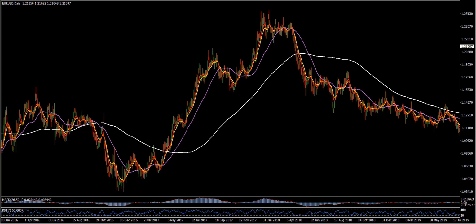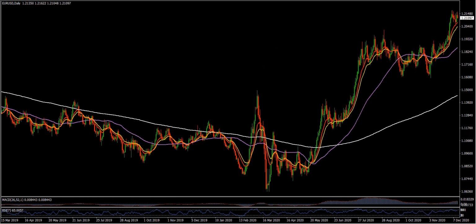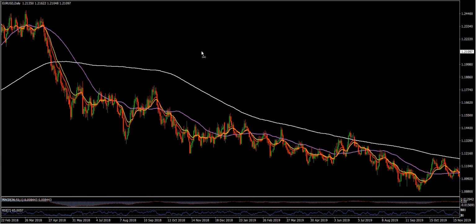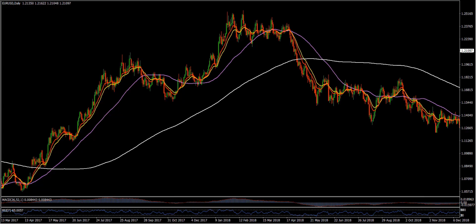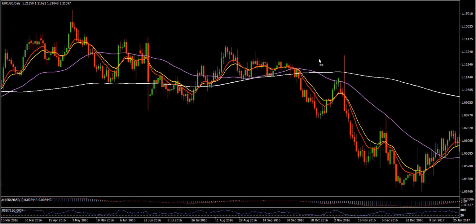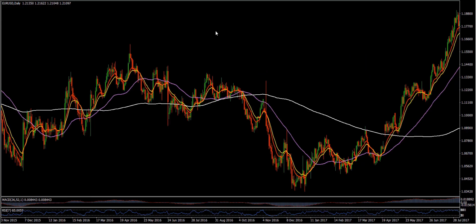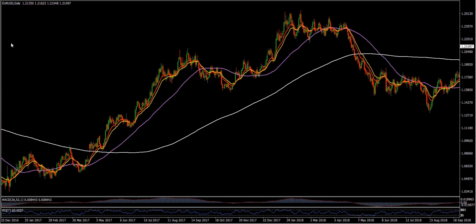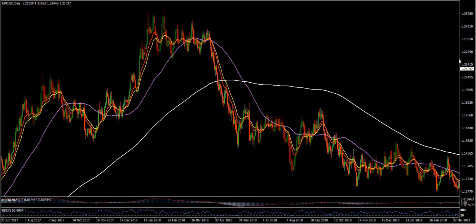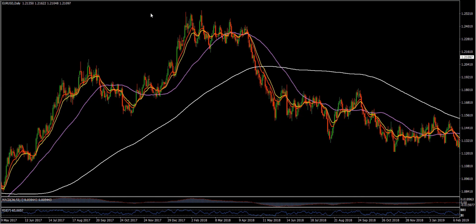Okay, I'm zooming in. Yes, I will find this area. I found this area. Okay, you can see this is a very strong support level.